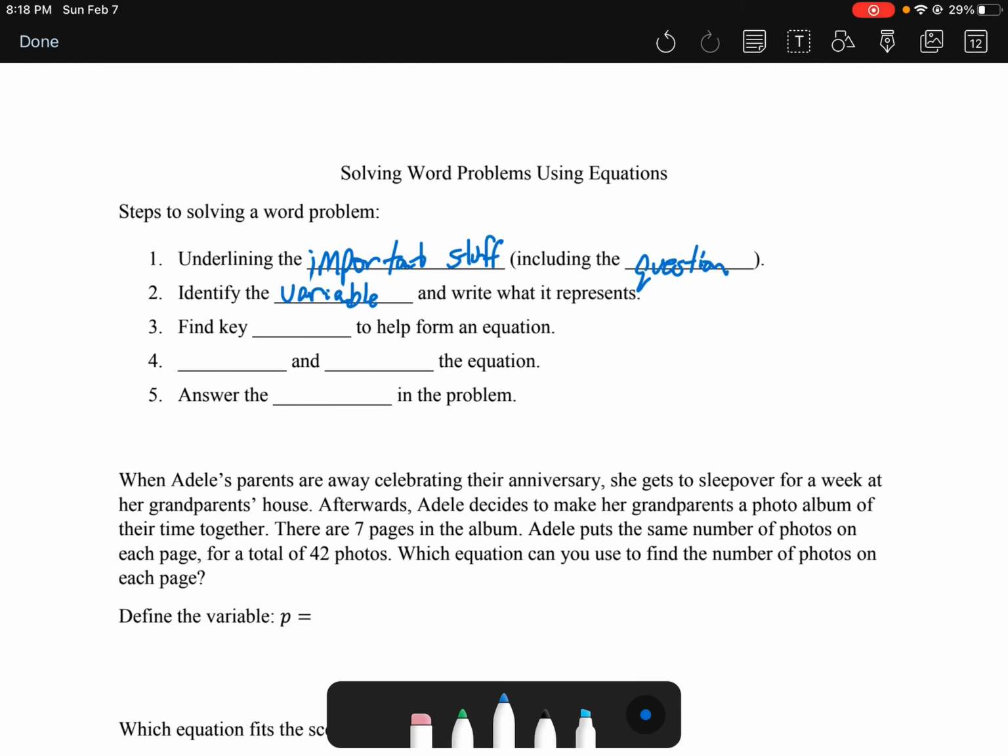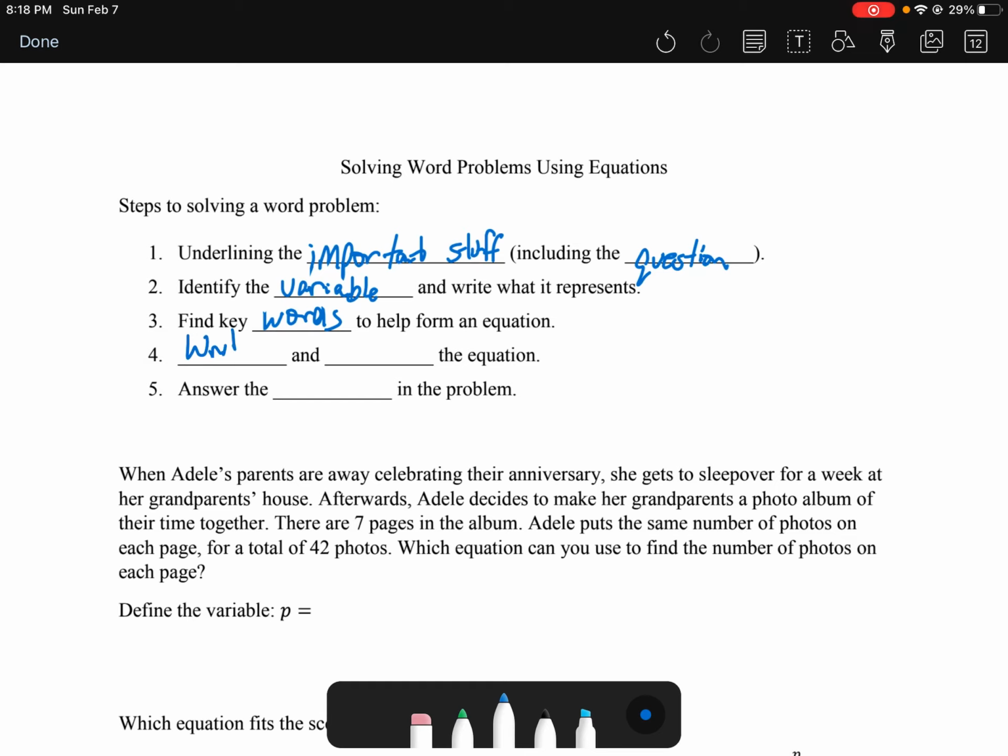Then go through and find your keywords to help you form an equation. Once you have your important stuff and your keywords, you can go ahead and write and solve your equation. After you solve, make sure you go back to the question and answer the question in the problem.